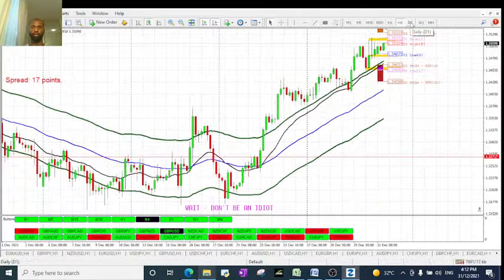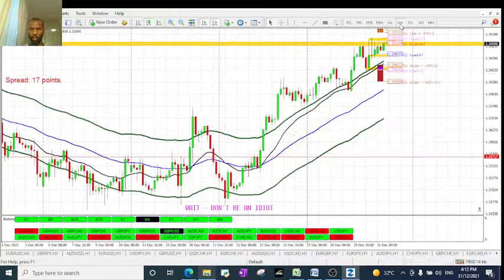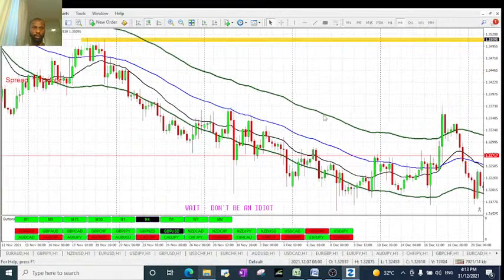Let's see what the 4-hour chart looks like, daily chart. So we have this zone right here. We hit that yesterday, rejected.